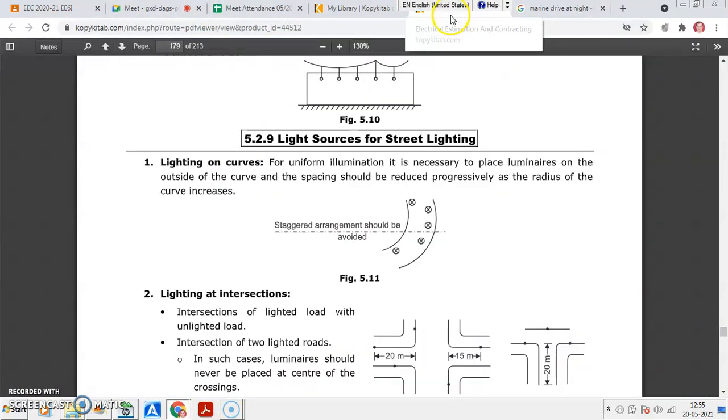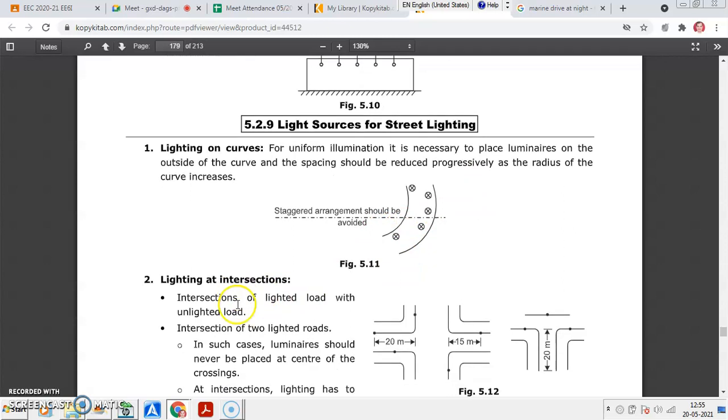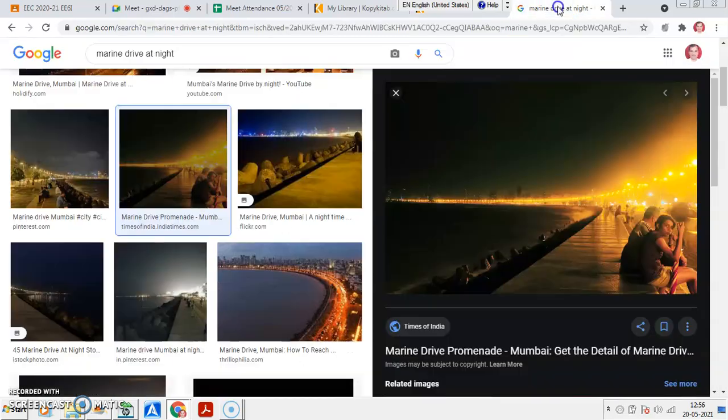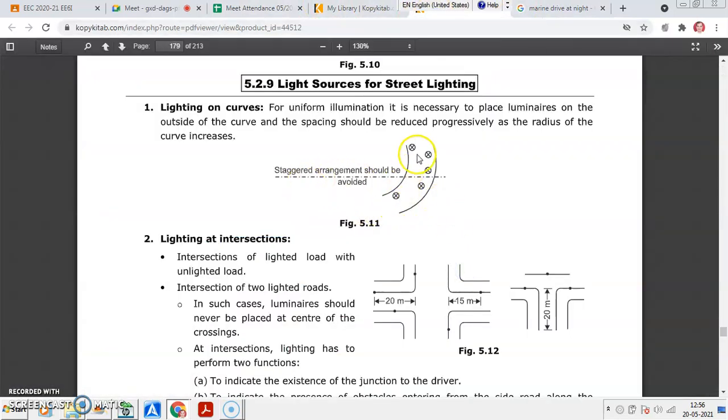This is an example of a curve with a staggered arrangement. You cannot do like this. If the road is small, you can have an arrangement like this. Now this is a very big road, that is different. But if you have a small width of the road, then you can have a number of lights.